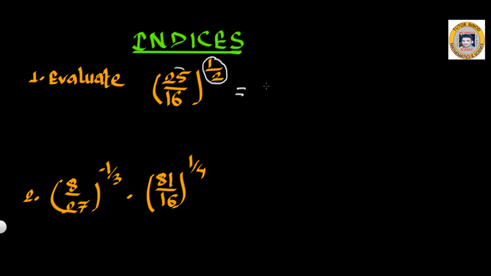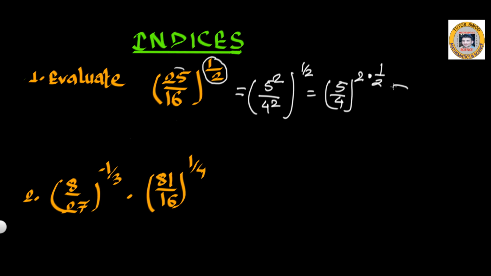So 25 is nothing but 5 to the power 2, whereas 16 is 4 to the power 2, and our power for both would be 1/2. In this case, we can write (5/4) to the power 2 times 1/2, because if (a to the power b) to the power c, we can write it as a to the power b times c.